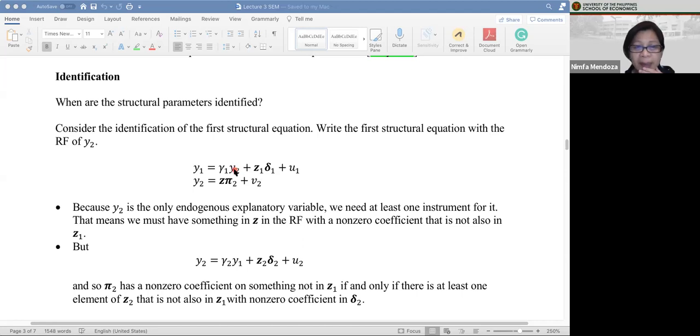That means we must have something in z in the reduced form here with a non-zero coefficient that is also not in z sub 1, okay?